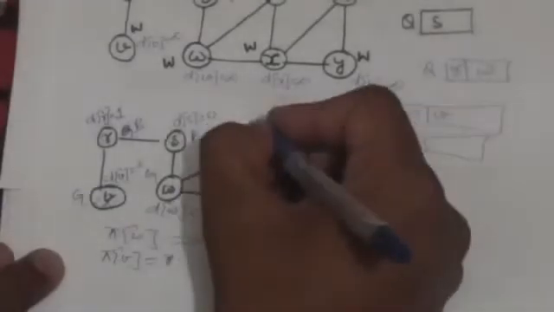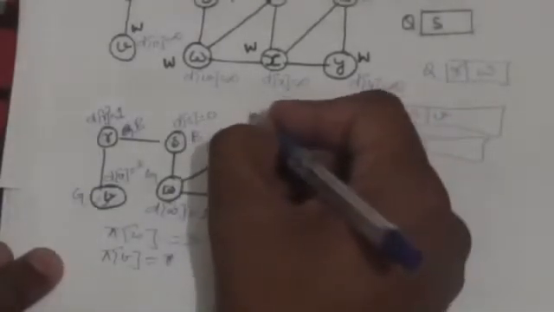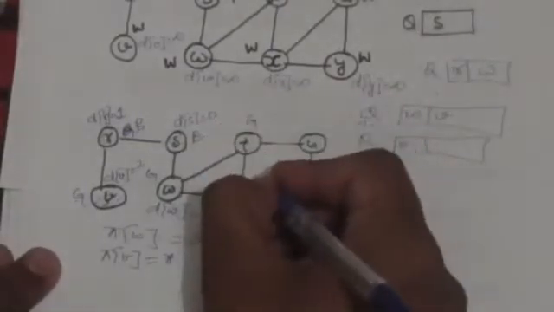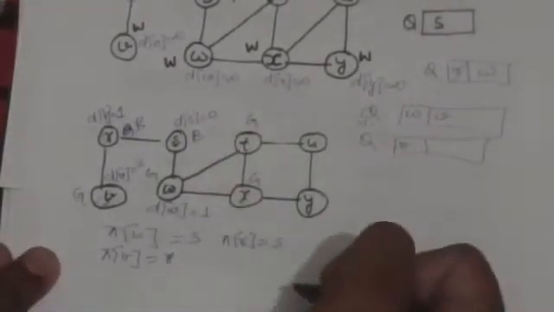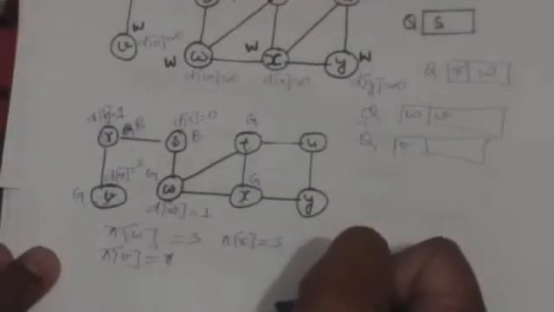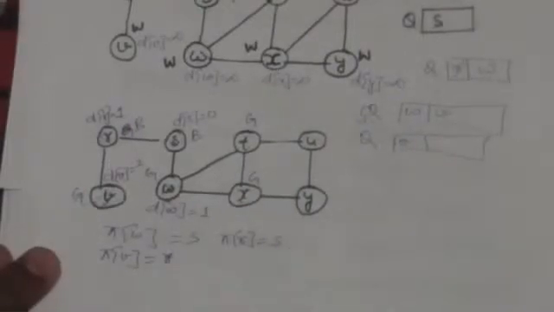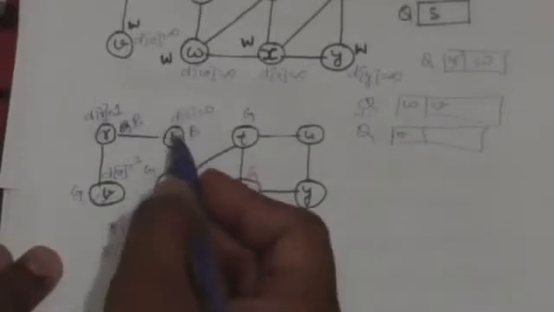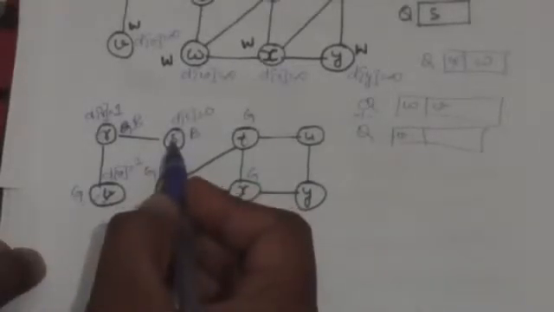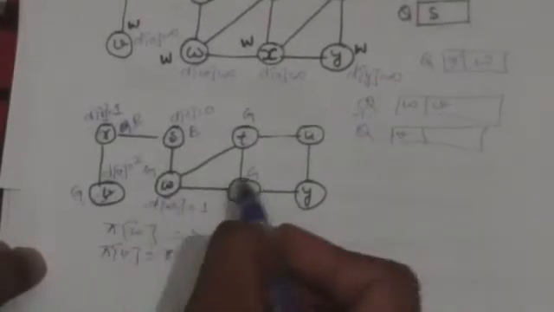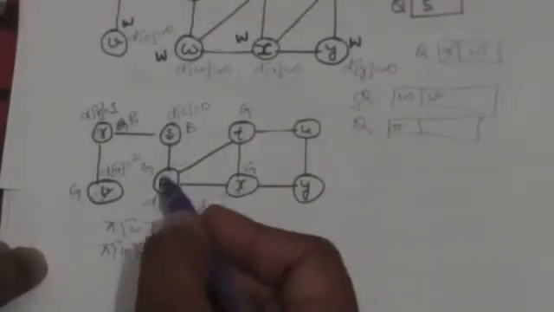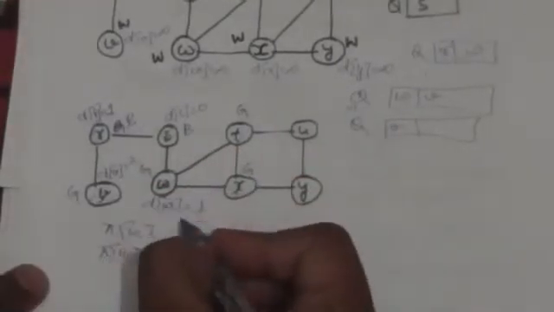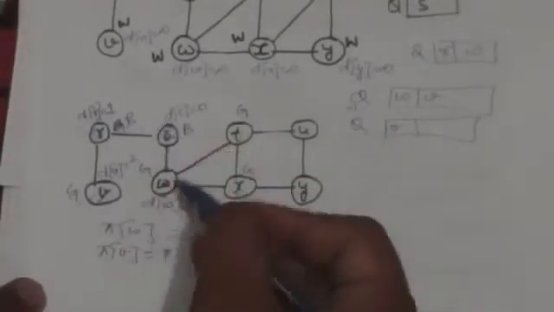So first of all, we will change their color from white to gray. And we will set their distance from source vertex as 1 more than the distance of vertex W from source vertex S. The distance of vertex W from source vertex S is 1.